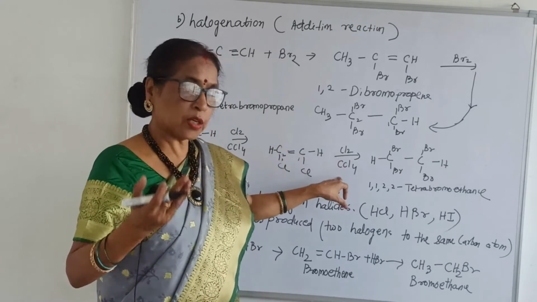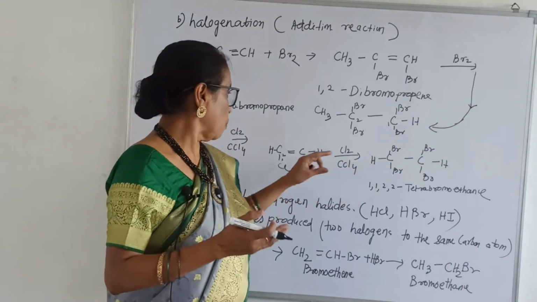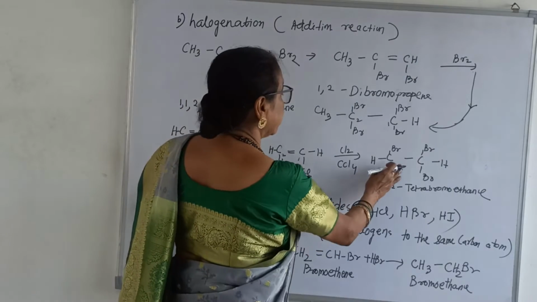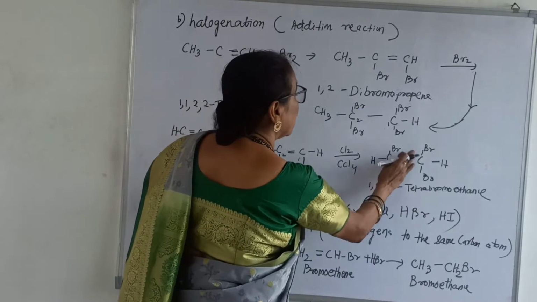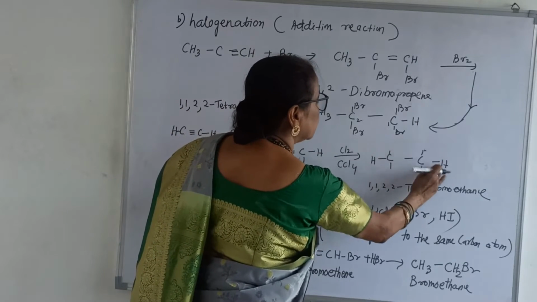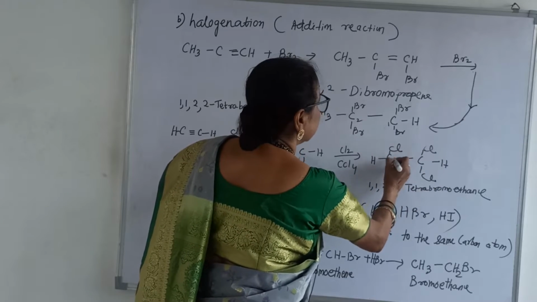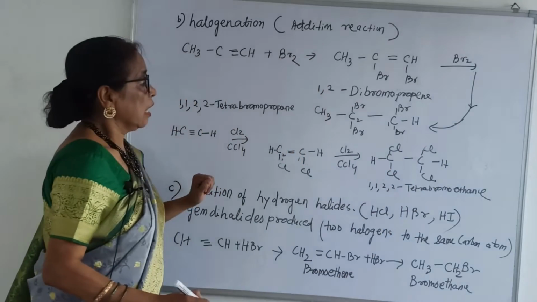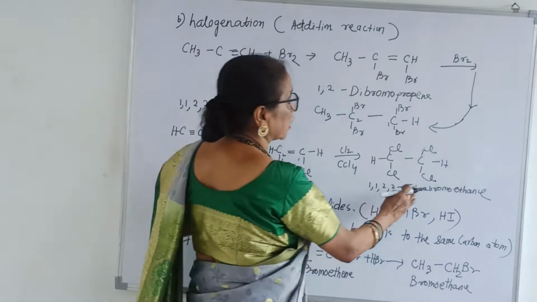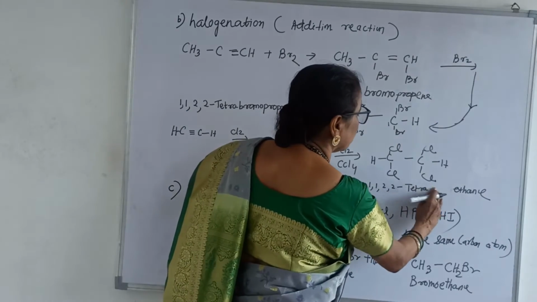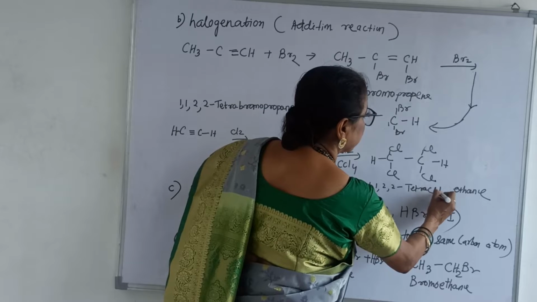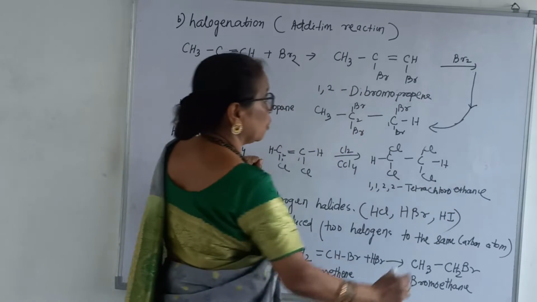Similarly, you add chlorine again, giving 1,1,2,2-tetrachloroethane. This is Cl, Cl, Cl, Cl. Actually it is chlorine, not bromine, but by mistake it was written as bromo.